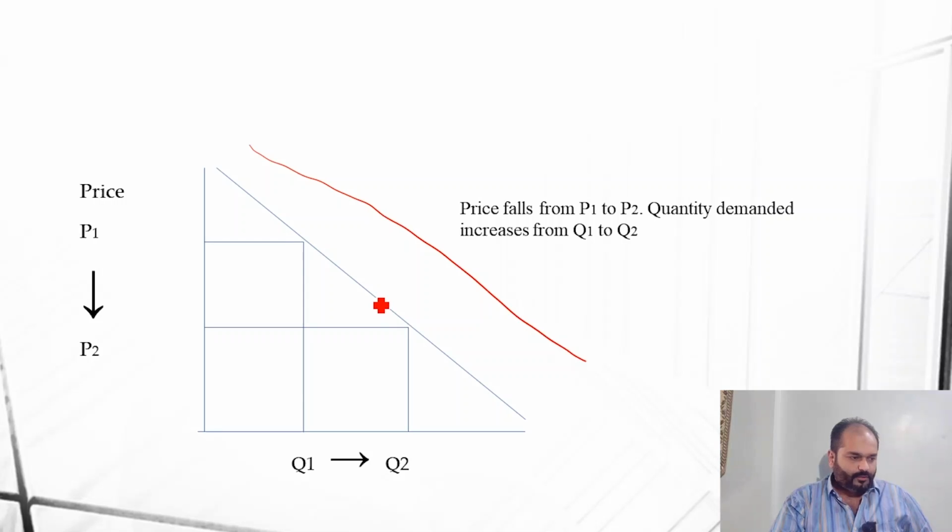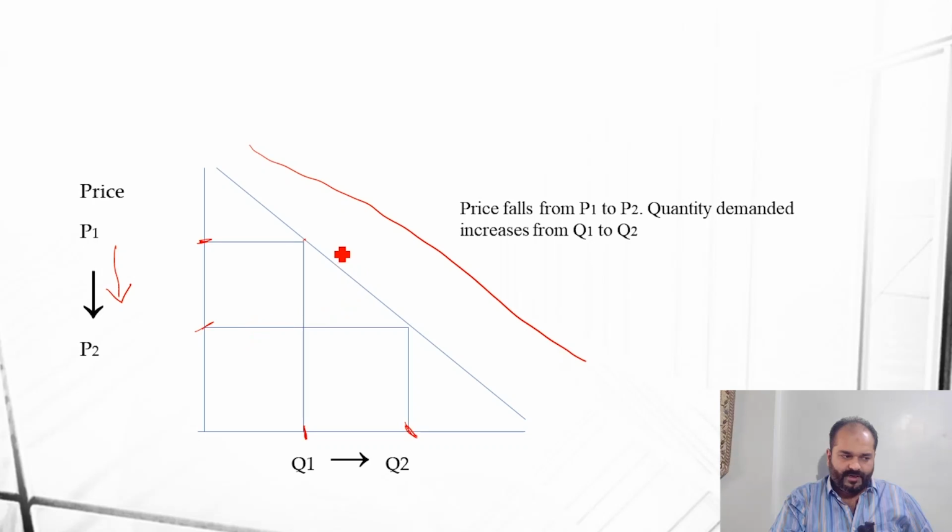So what is happening in this demand curve is that at a given price P1, the quantity demanded for a product is Q1. But if you decrease the price from P1 to P2, the quantity demanded for that product increases.